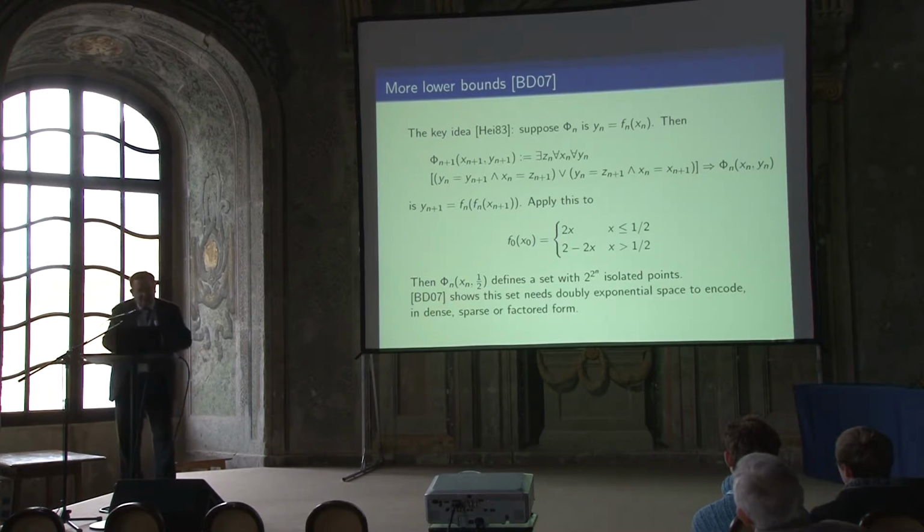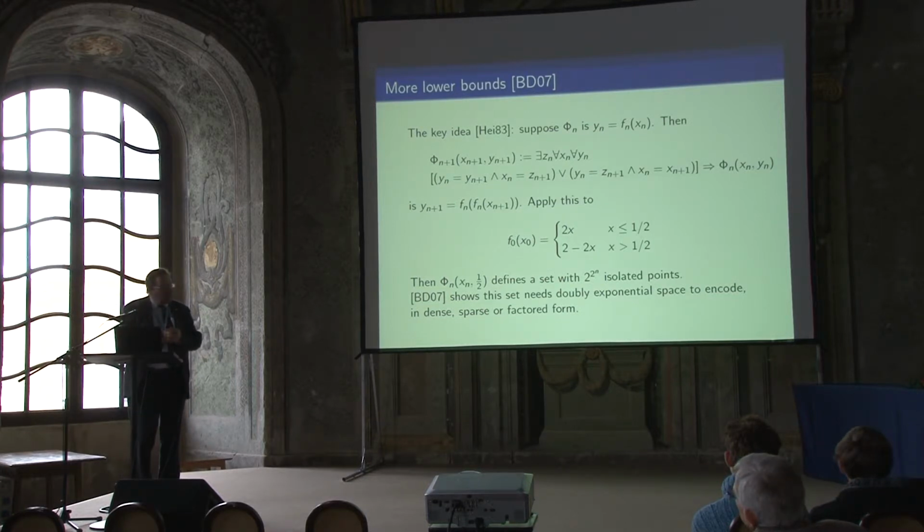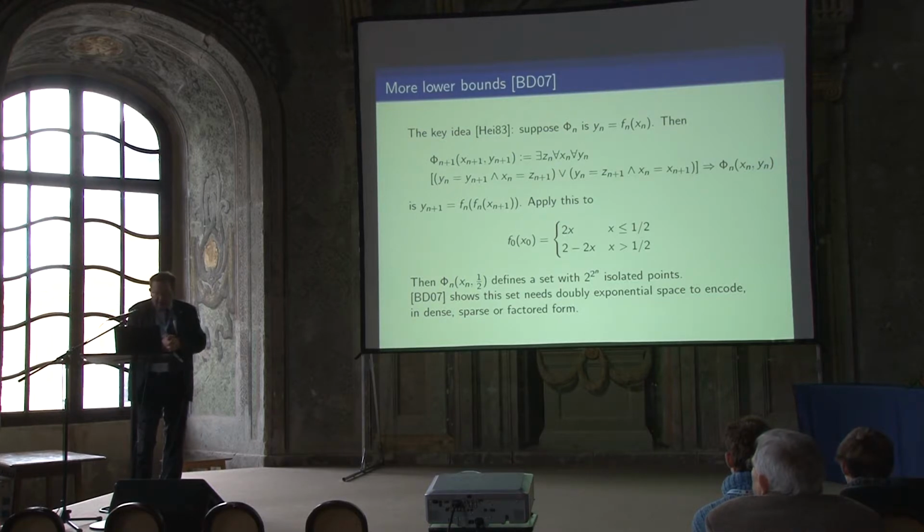And that takes doubly exponential space to encode in practically any form. The dense form, as I said earlier, the sparse form, because to get that many real roots you need that many non-zero coefficients by Descartes' rule. And in fact, even in a factored form, you still can't get any better than that.